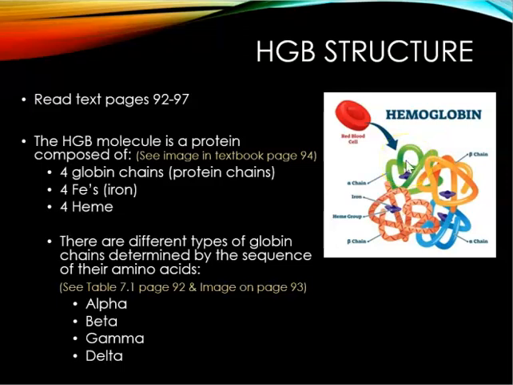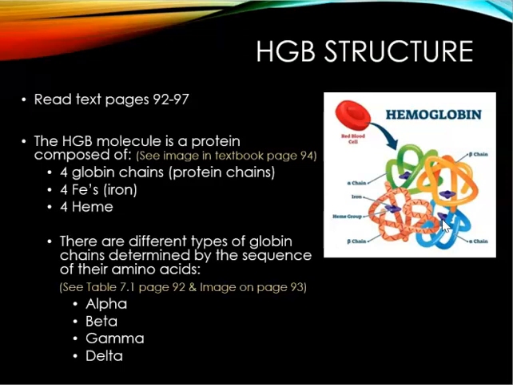And we have different chains that make up our hemoglobin. A hemoglobin molecule is a protein composed of 4 globin chains. Again, these are protein chains. Also, it's made up of 4 irons and 4 hemes. So you see the different chains represented by different colors in this image. And these little purple structures are representing the 4 different hemes and the 4 different irons.